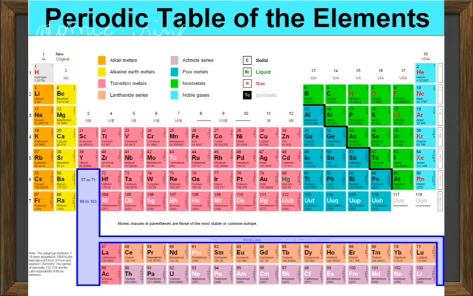Hydrogen and helium are in the first period and have a principal quantum number of 1. Lithium through neon are in the second period. Their principal quantum number is 2. Sodium through argon are in the third period. That's their principal quantum number, etc. So as we move from top to bottom on the periodic table, the size increases.